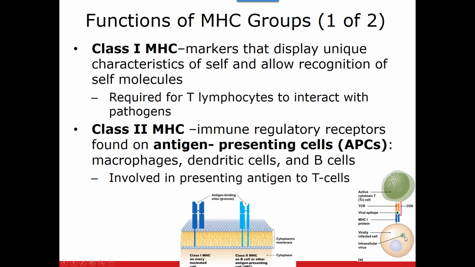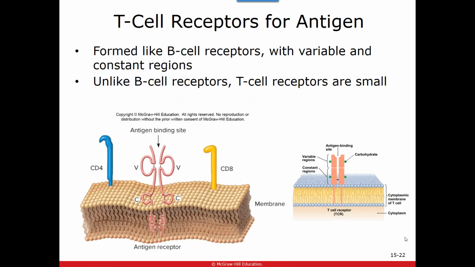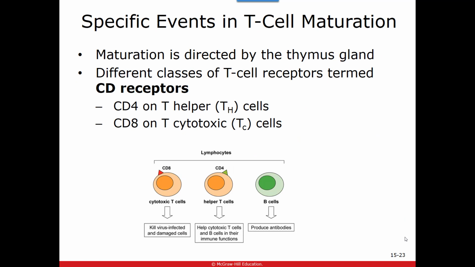Now, there are different kinds of T cells. B cells, although they can vary in their receptors, there's like one kind of B cell. T cells get a little more variety. How they change depends on the thymus gland and the different types of hormones. The two major types of T cells: one is the cytotoxic T cells, usually we just write it T with a little c, and then the helper T cells, T with an H next to it.